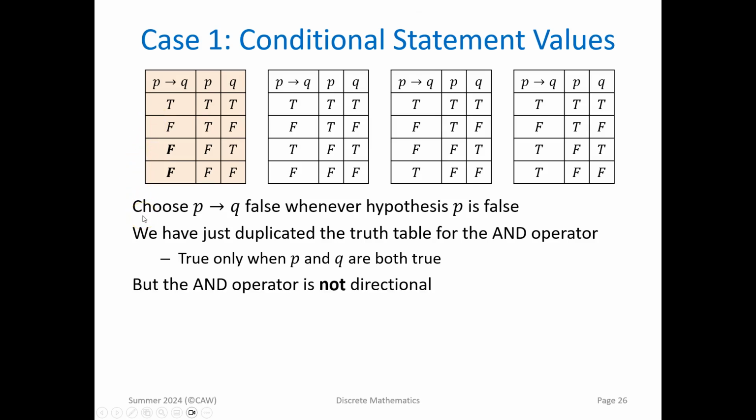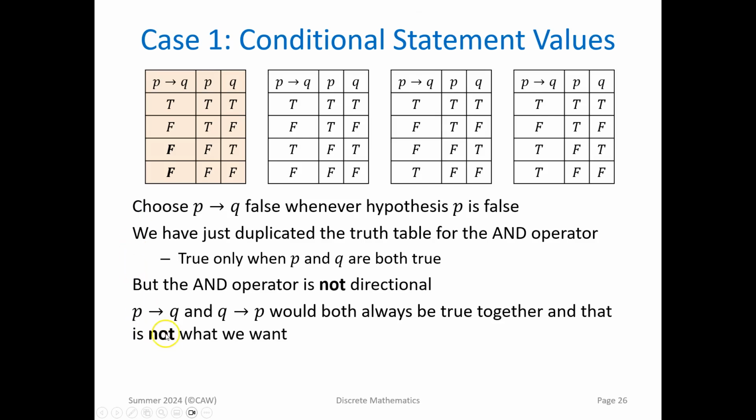The AND operator is not directional. If this was true, then P then Q and Q then P would both always be true together. Whenever we assert this, we'd have to have both of them true. And that's AND. That's not what we have for our two laws, our two rules.